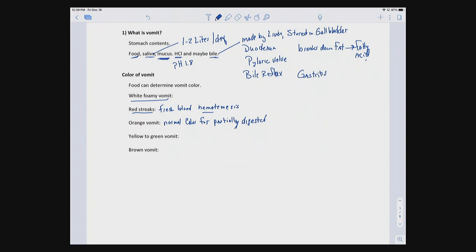Now, if the patient is vomiting or the contents of the vomit is yellow to green, well, now we're back to bile. And again, the bile may or may not be of a concern. So if someone has, say, an empty stomach and they just happen to have some bile reflux, and again, going back to our little cartoon here, now we can see it.